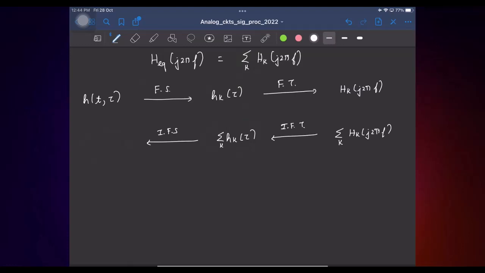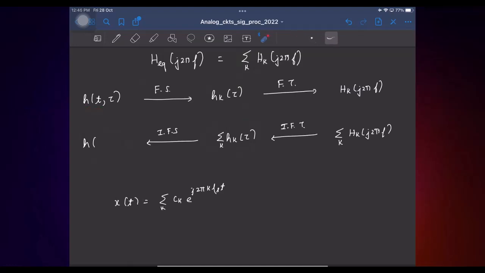Let's say x(t), if I write it as the summation of c_k e^(jk omega t). So it's clear, right? This is basically h(t, 0) or h(0, t). Remember, this is a periodic signal in time.